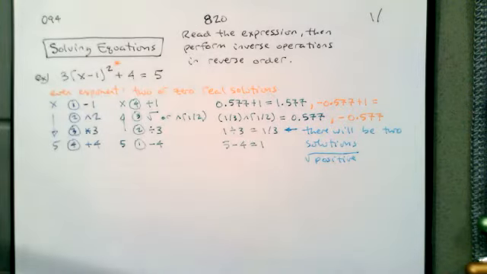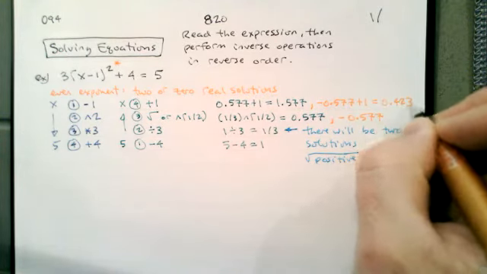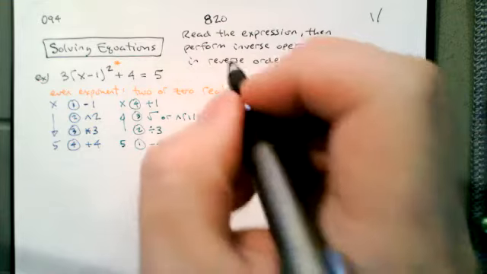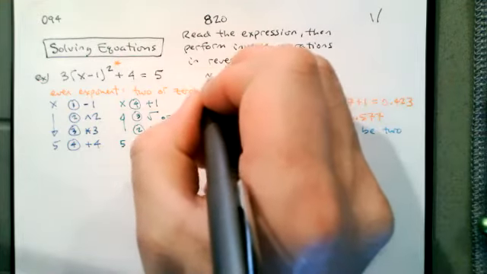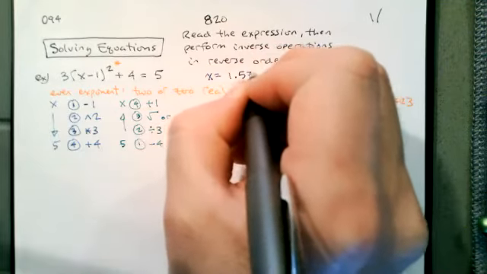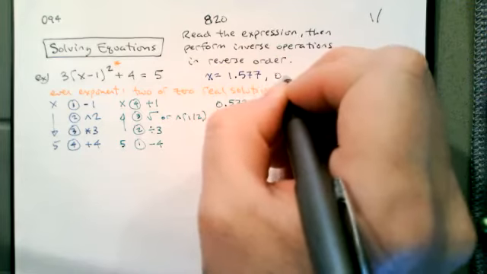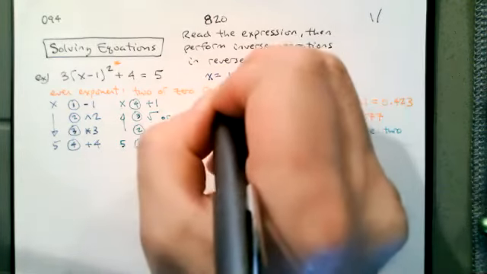So those are our two solutions. So we'll say x equals 1.577 and 0.423.